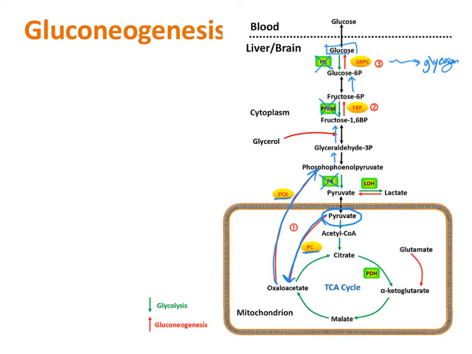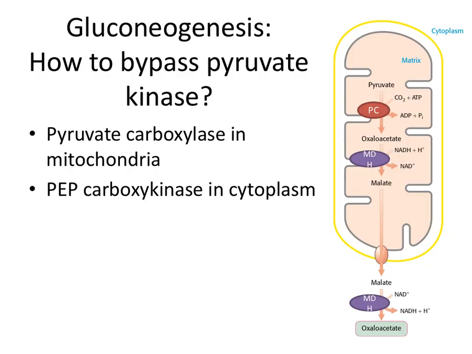So let's talk about some of these modified steps in gluconeogenesis that aren't present during glycolysis. First, how do we bypass pyruvate kinase? In order to do this, we actually have to use multiple enzymes. We start with pyruvate carboxylase in the mitochondria, and you can see here I've written PC.